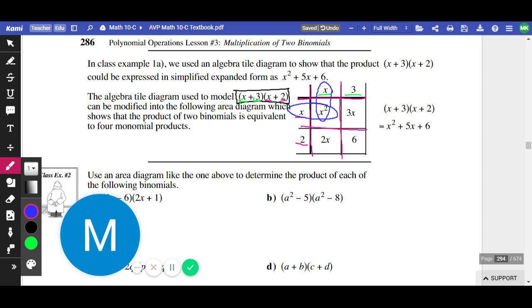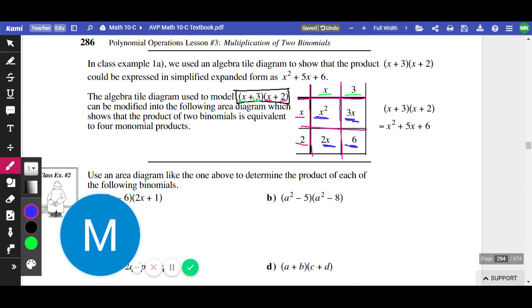That means 3 times x becomes 3x, 2 times x becomes 2x, 3 times 2 becomes 6. Right? And you get 4 things when you multiply two binomials. Those 4 things are your answers. That's what happens when you multiply.